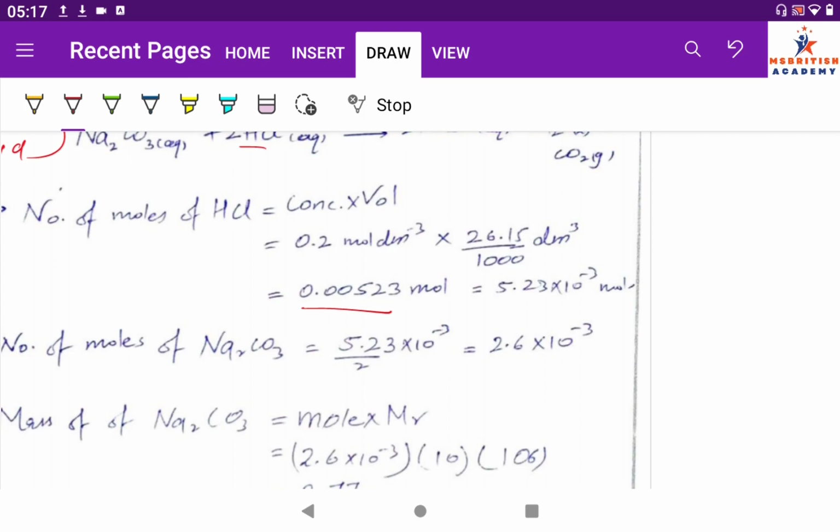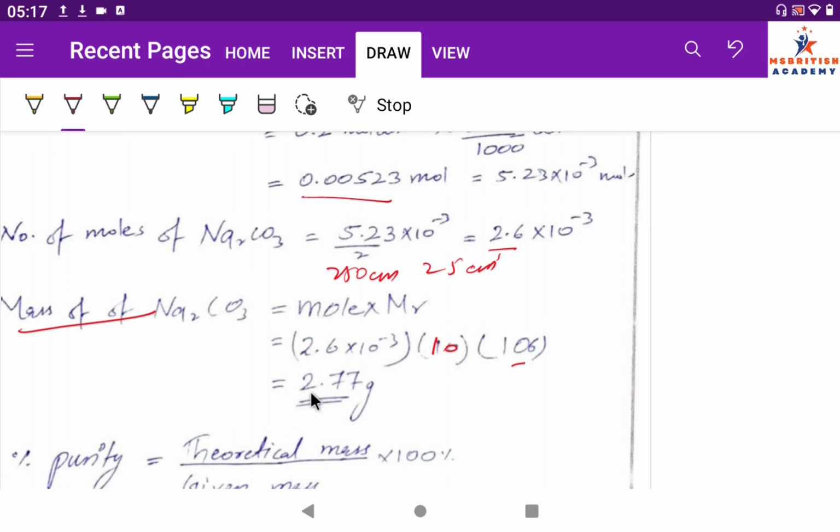Now the mass of sodium carbonate, because this number of moles is only present in 25 centimeter cube of solution but we have 250, we will multiply by 10 and by the molar mass, so you will get the original mass of sodium carbonate, that is 2.77 gram.